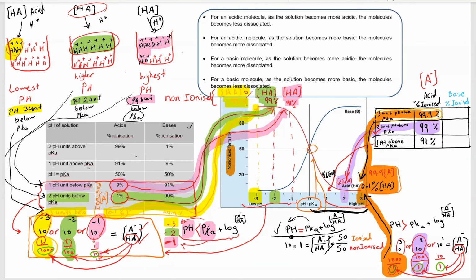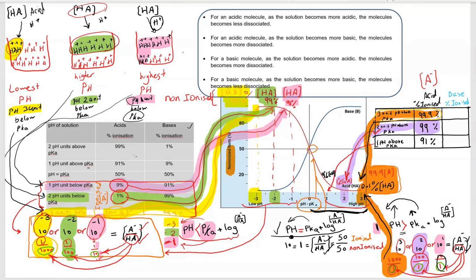And also, if your pH is 1 unit more than your pKa, when you bring it back to the equation, you will get 1. What does it mean? It means that you have 10 to the power of 1, the ratio of the ionized over non-ionized one.